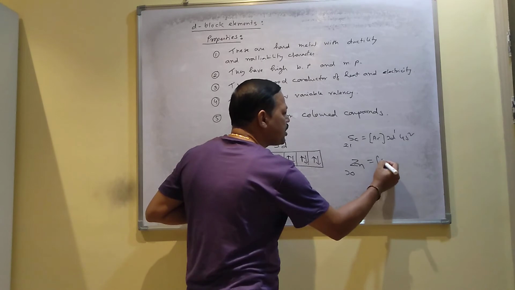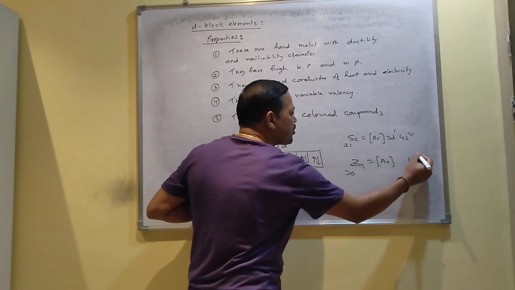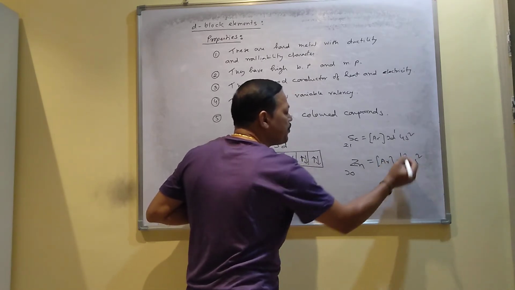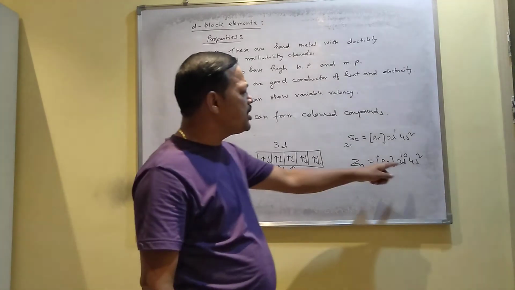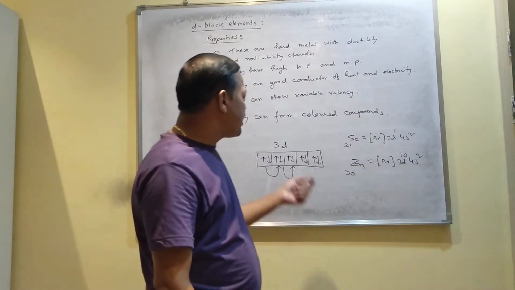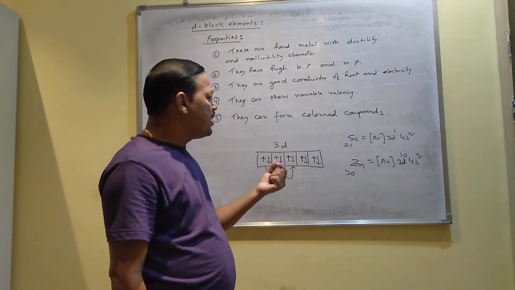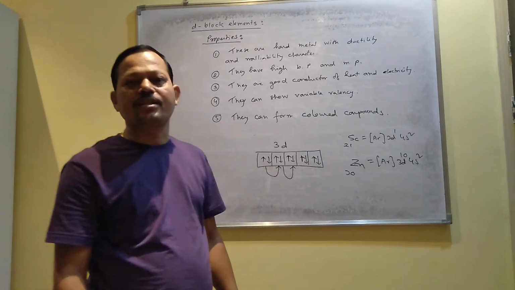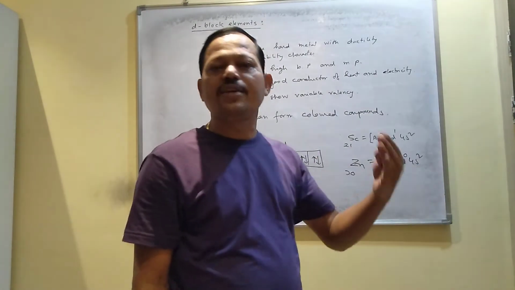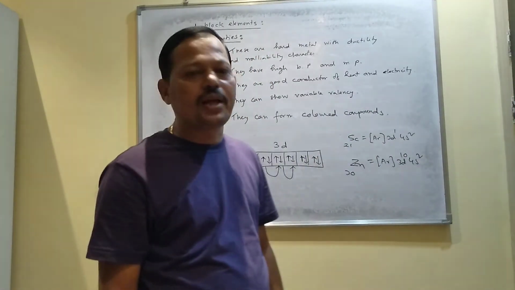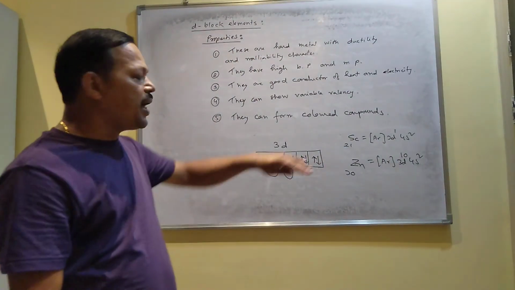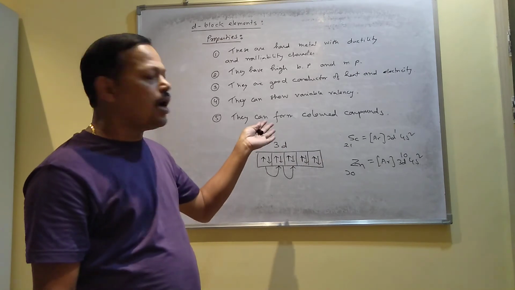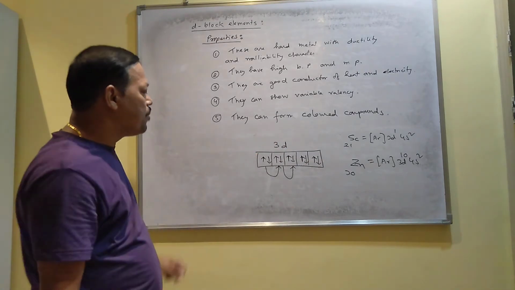Its electronic configuration is 4s2 3d10. The d orbital is completely filled, so dd electronic transition is not possible, and that is why zinc compounds are always white. You don't get colored compounds for zinc. Except zinc, other elements always produce colored compounds.